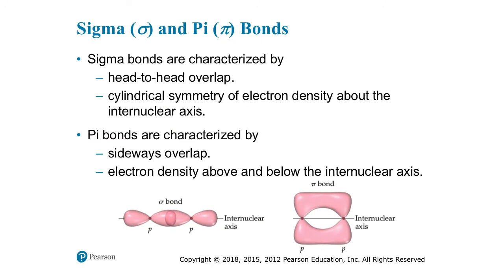So if we were to look at the difference between sigma and pi bonding, a sigma bond is kind of like an s-type bond, a bond that is symmetrical with the bond axis. So if you imagine the bond axis, our bonding in this region here is symmetrical about the bond axis. That's what we call a sigma bond. Then a pi bond is kind of like a p-type orbital bonding.